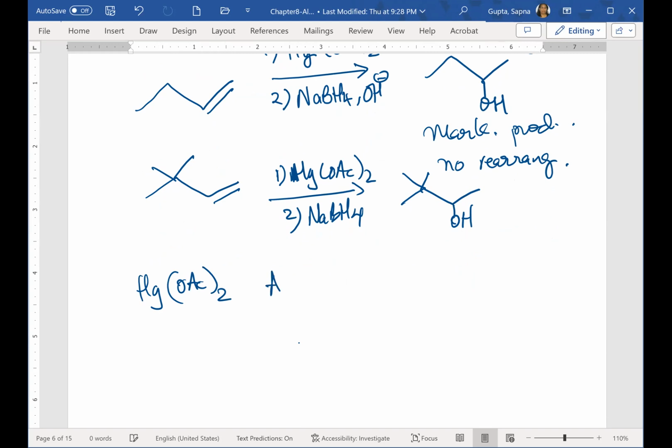The Ac group is the acetyl group, and the acetyl group is COCH3. This is called acetyl or acetyl, it depends on your pronunciation, whatever you want to call it. Acetyl group. So that's the Ac group.